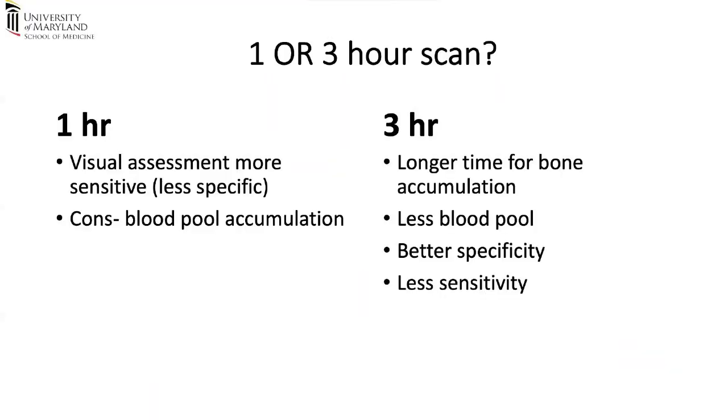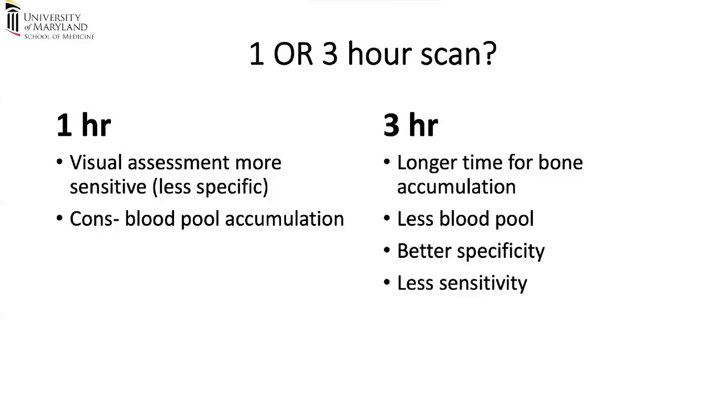The advantage of the 1 hour, okay, you get it done in 1 hour. It's a very sensitive test. It's a little less specific. The cons of the 1 hour, you can still have blood pool accumulation. You wait for 3 hours, that blood pool hopefully is going to clear.